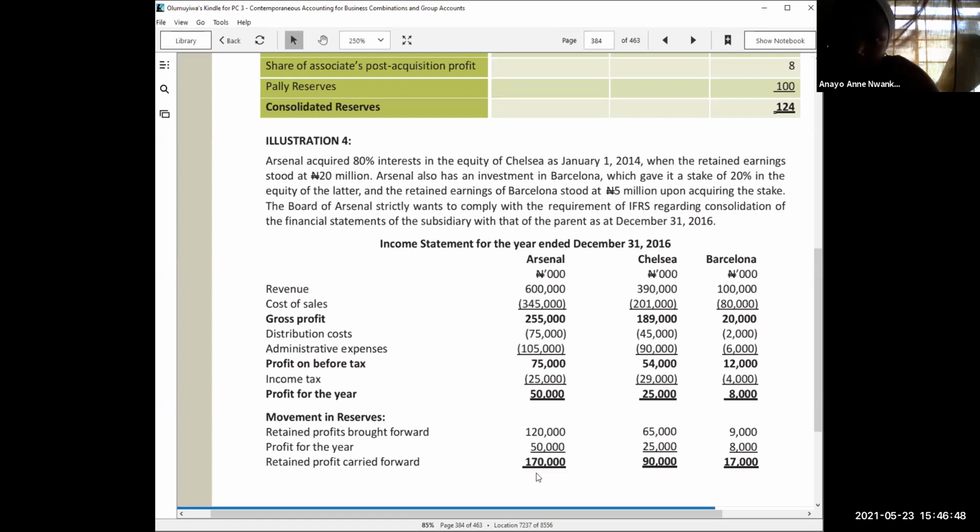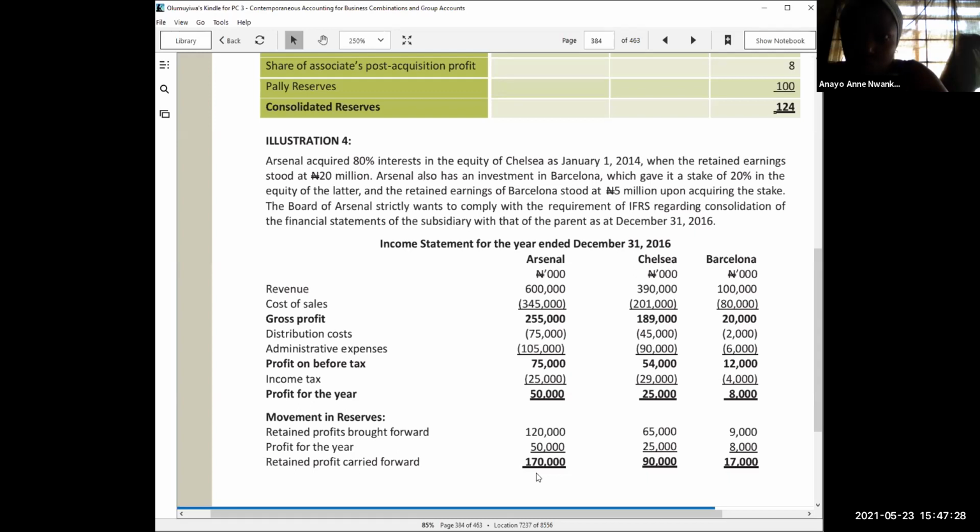Distribution cost: 75 for Arsenal, 45 for Chelsea, and 2 for Barcelona. Administrative expenses: 105 for Arsenal, 90 for Chelsea, and 6 for Barcelona. Profit before tax: 75 for Arsenal, 54 for Chelsea, and 12 for Barcelona. Income tax: 25 for Arsenal, 29 for Chelsea, and 4 for Barcelona. Profit for the year: 50 for Arsenal, 25 for Chelsea, and 8 for Barcelona.